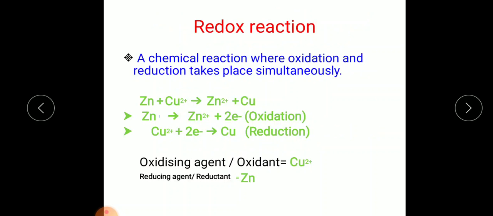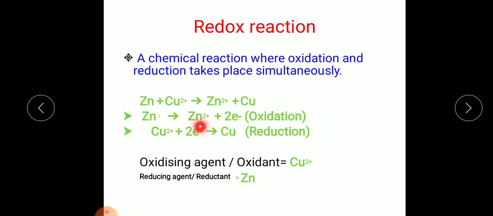Next, finally comes the chapter name, redox reaction. As we know, redox reaction is a chemical reaction where oxidation and reduction take place simultaneously. Say for example, we have taken a general equation, zinc plus copper ion giving you Zn2+ zinc ion plus copper. Now if you see this, from zinc to Zn2+ there is loss of electrons, because whenever there is loss of electrons, a positive ion is formed.